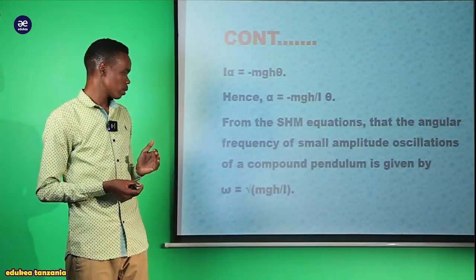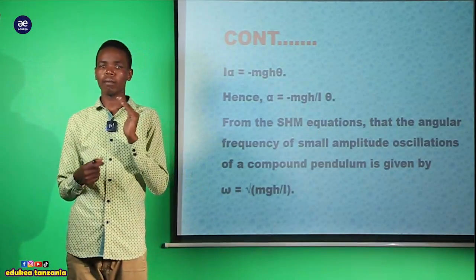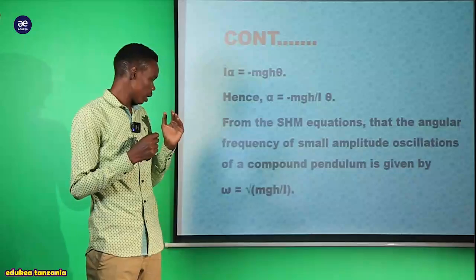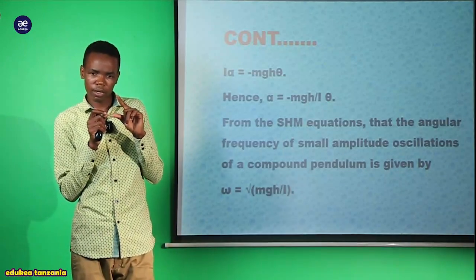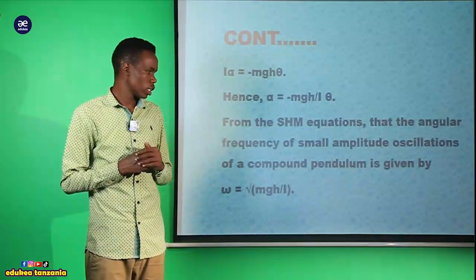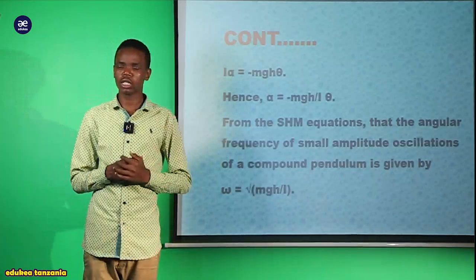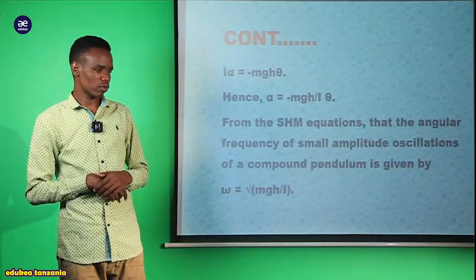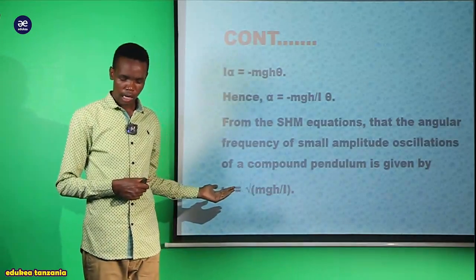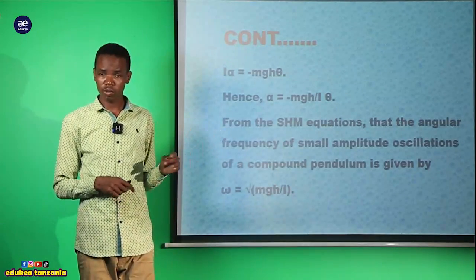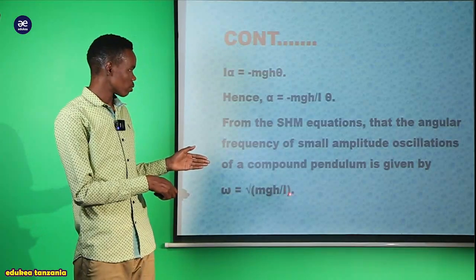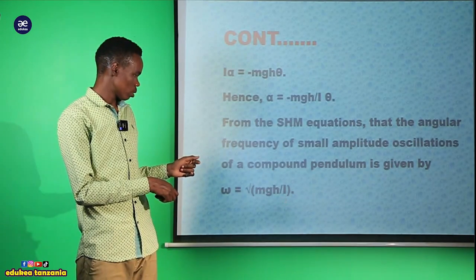If we recall from simple harmonic motion the formula for obtaining the angular frequency, the angular velocity, my lovely students, it must be equal to the radical of mgh divided by I, as we try to observe here. This is I, the moment of inertia.